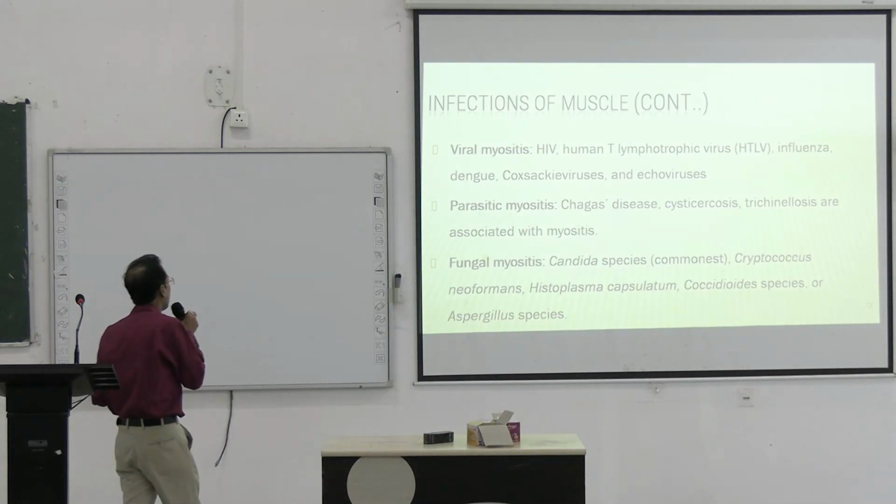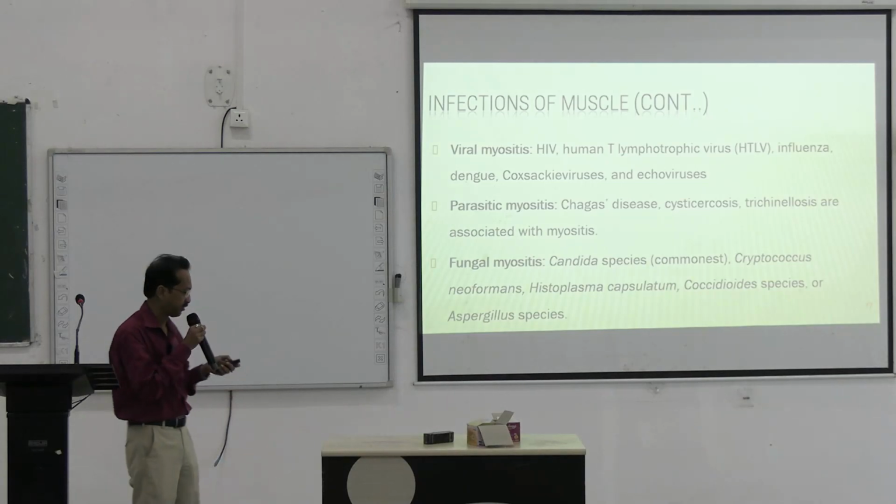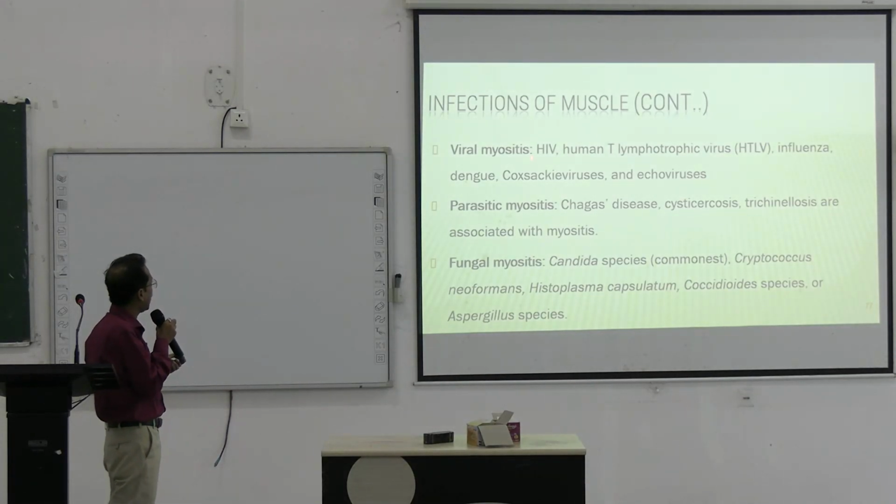Let us know a few viral infections that can cause myositis: HIV, human T lymphotropic virus, influenza, dengue. These can all present with myalgia that may be due to involvement of muscle by the virus, viral myositis. Parasitic myositis: cysticercosis and trichinellosis.